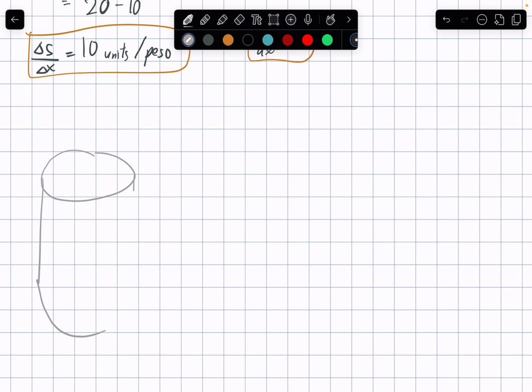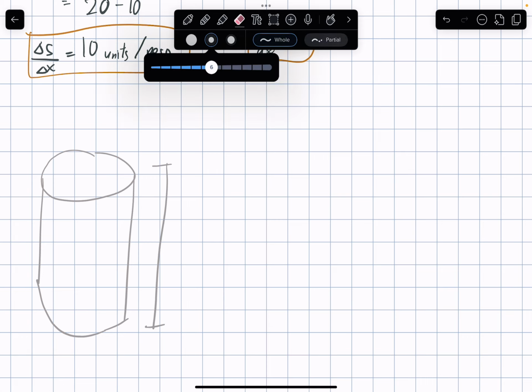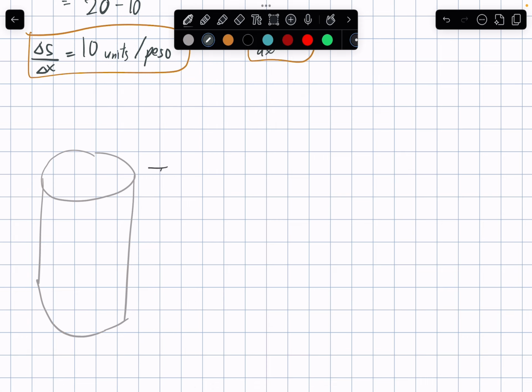Suppose we have a right circular cylinder that has a constant height of 10 meters. So the volume in meters cubed, that's going to be the volume of the right circular cylinder. What's the formula? Pi r squared h, right? We find the rate of change of the volume with respect to r. If r changes, we have 3 scenarios.